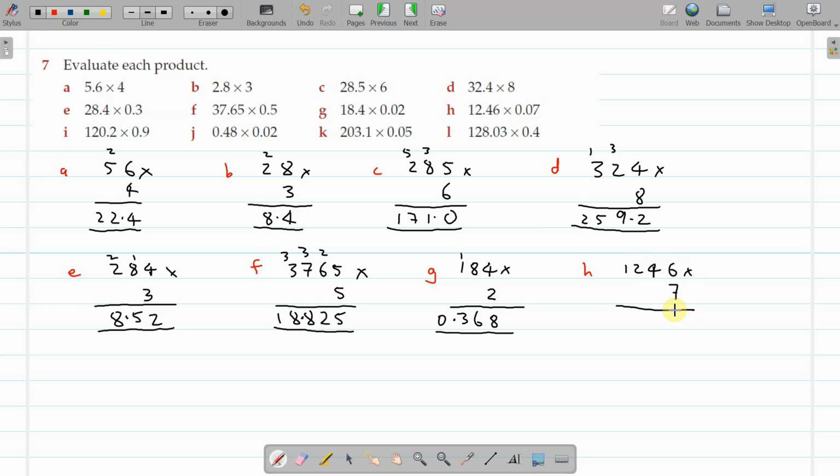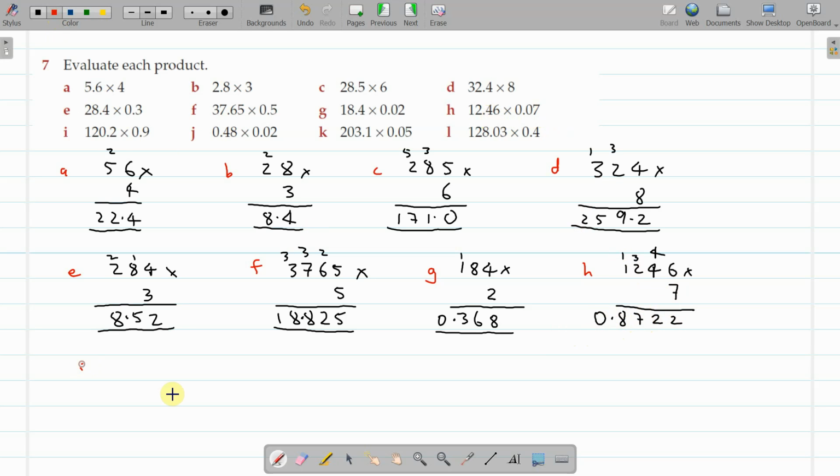Okay. 7 sixes, 42. 7 fours, 28 plus 4 is 32. 7 twos are 14 plus 3 is 17. 7 times 1 is 7 plus 1 is 8. And we need 1, 2, 3, 4 decimal places. There it is.